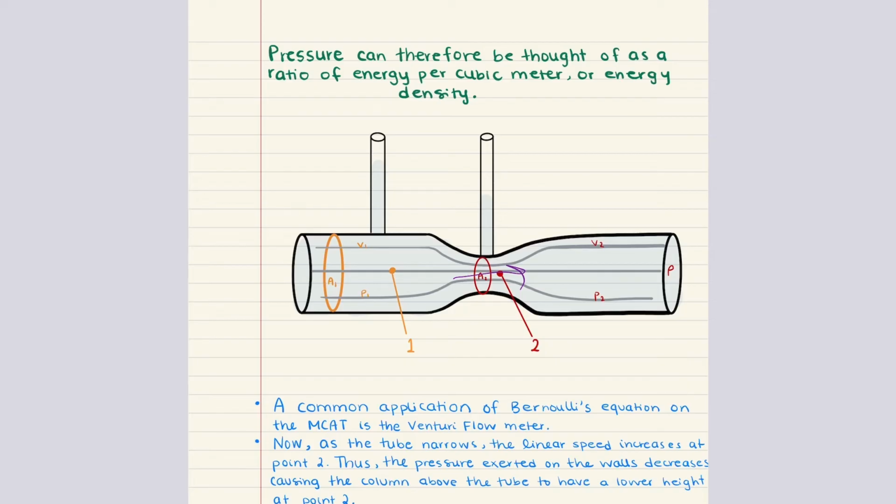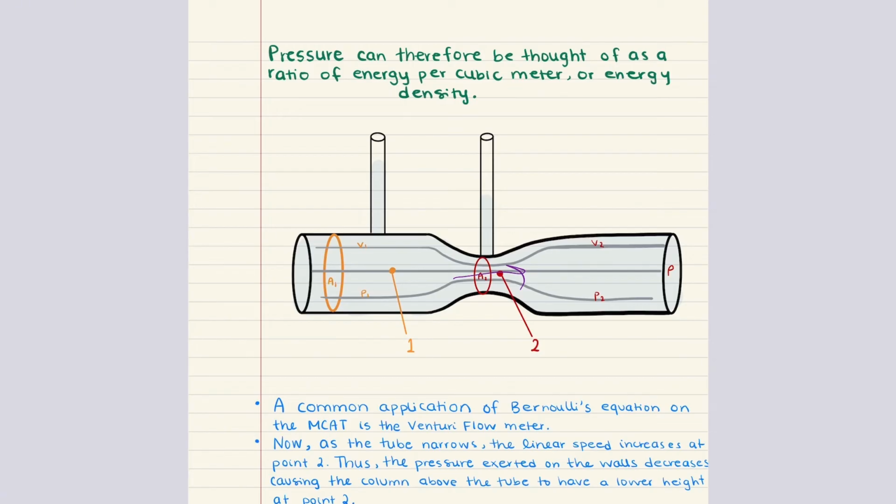But as the fluid speeds up, something else happens. Its pressure drops. And this is a direct consequence of Bernoulli's principle, which tells us that as the kinetic energy of the fluid increases, the pressure energy must decrease to keep the total energy constant.